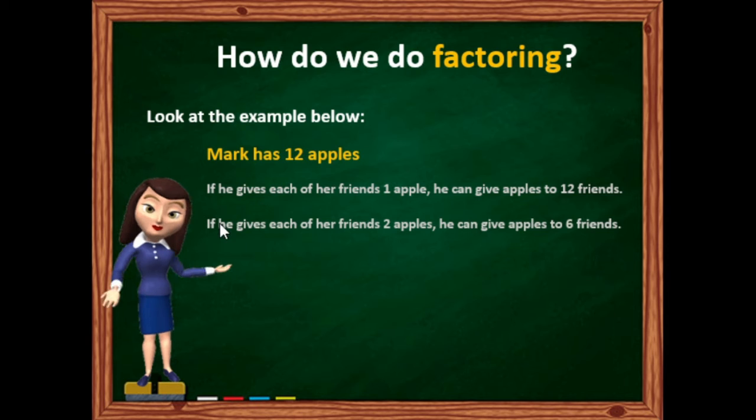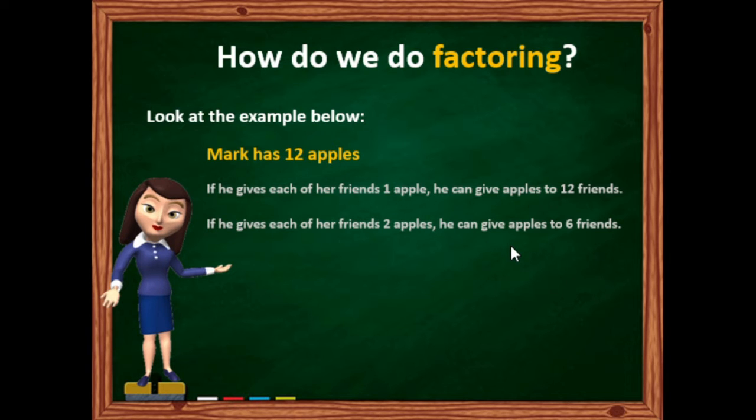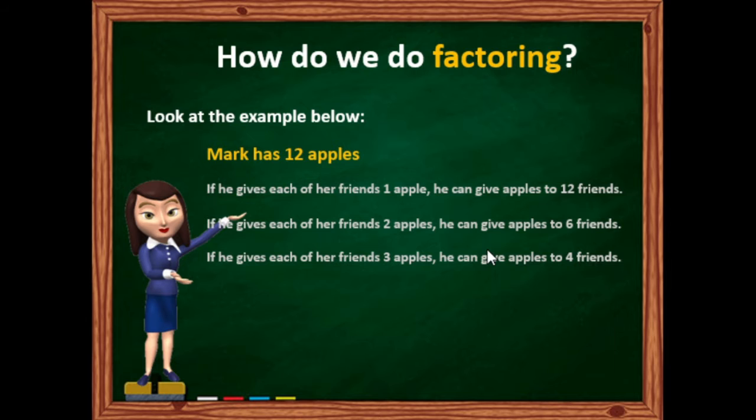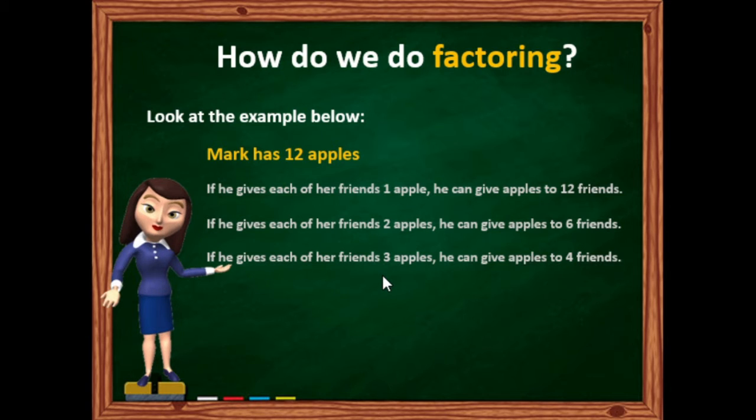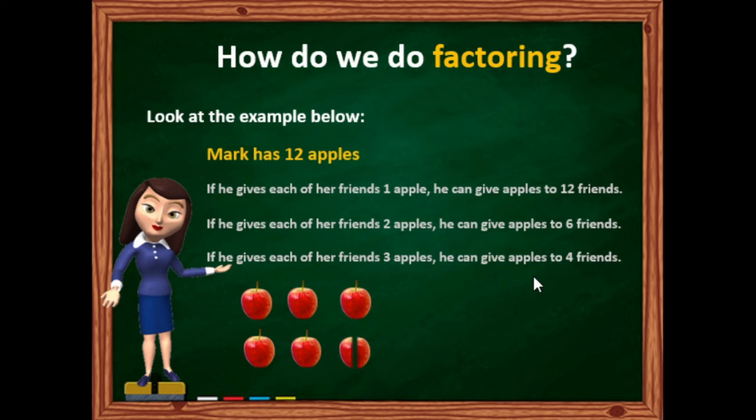But if he gives each of his friends 2 apples, he can give apples to 6 friends. If he gives each of his friends 3 apples, he can give apples to 4 friends. Now let's try to see figures.